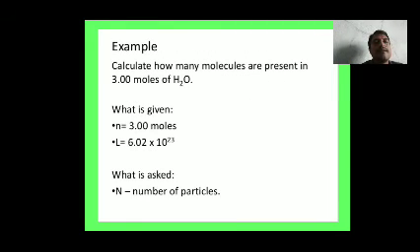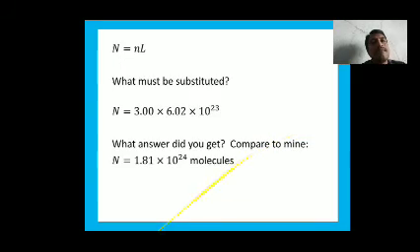For example, calculate how many molecules are present in 3 moles of H2O. The number of moles of H2O is 3 moles. The Avogadro number is 6.02 × 10^23. What is asked? The number of particles.